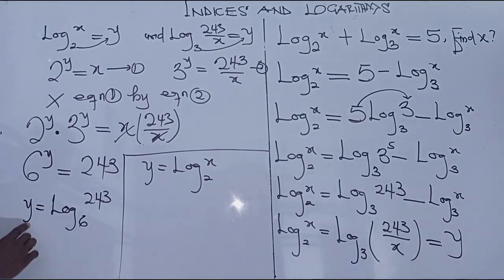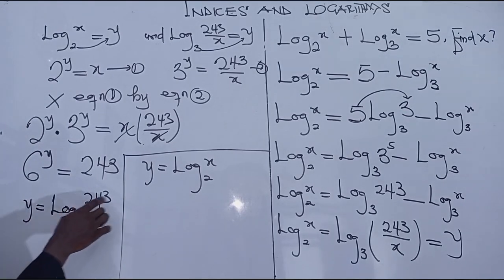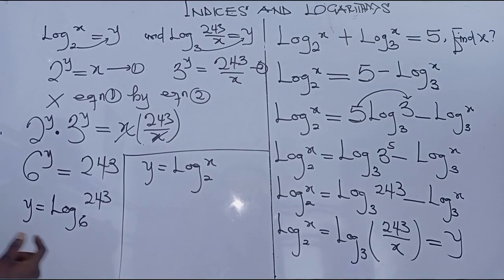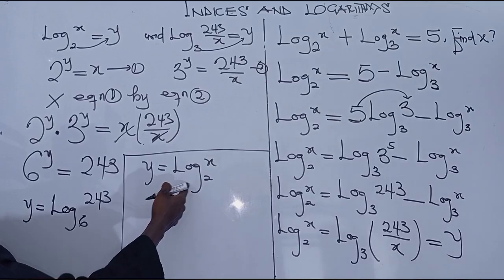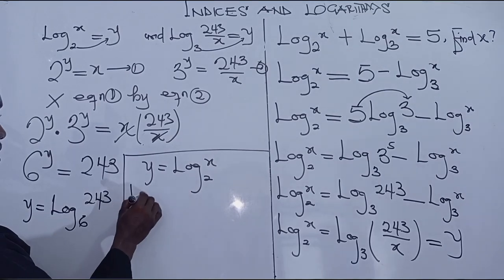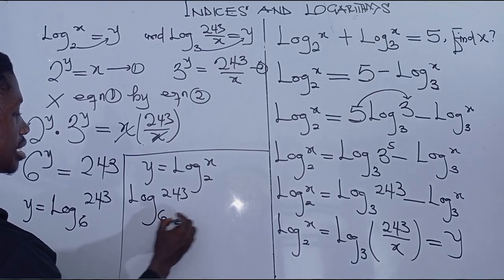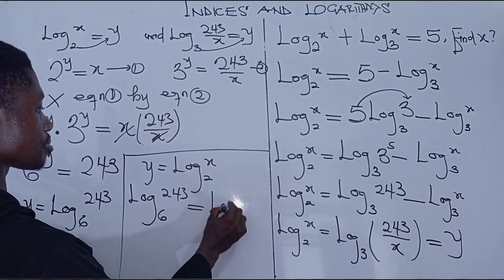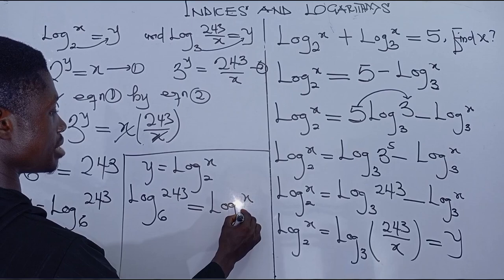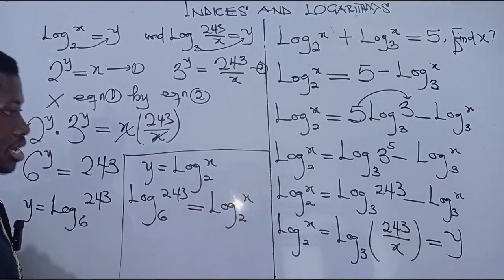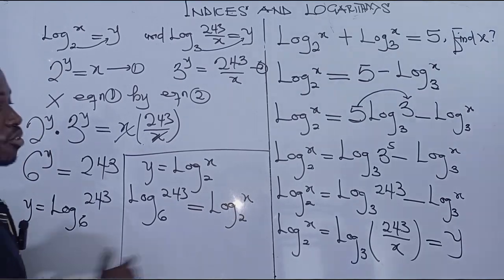We also have another y, which is log of 243 to the base of 6. By transitivity law, we can say that this log is equal to this logarithm. So we shall have log of 243 to the base of 6 is equal to log of x to the base of 2. Now our interest is to find the value for x.